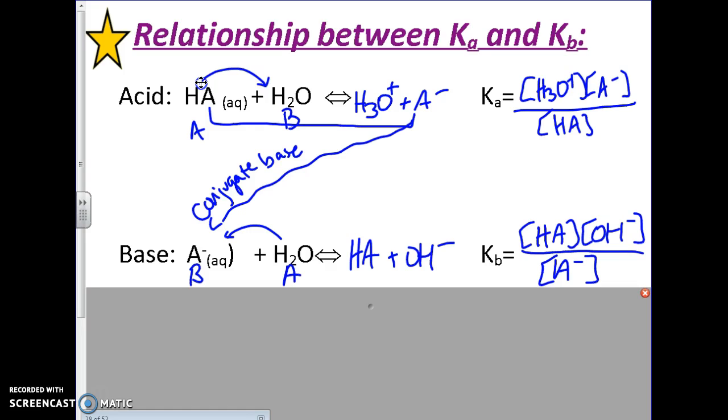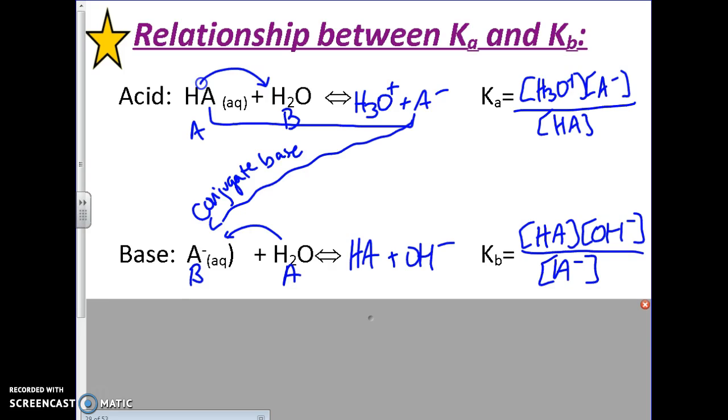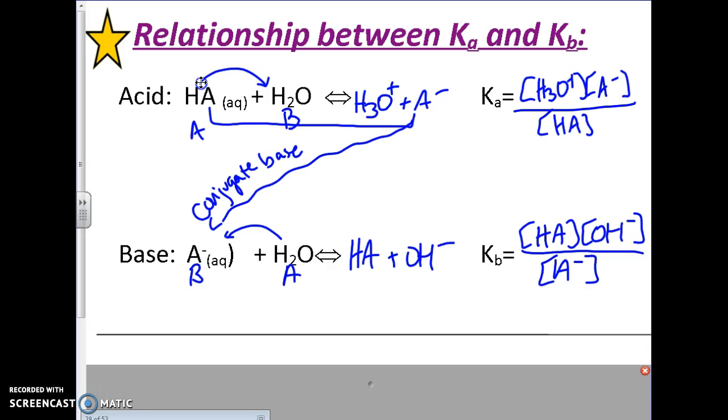Looking at these two reactions, you'll see there are some similarities. Thinking back to how you can manipulate K values whenever you add reactions, what do you do to your K values? You might remember you multiply your K values. So if we add up our reactions, the HA is going to be canceled out because it's the same on both sides.